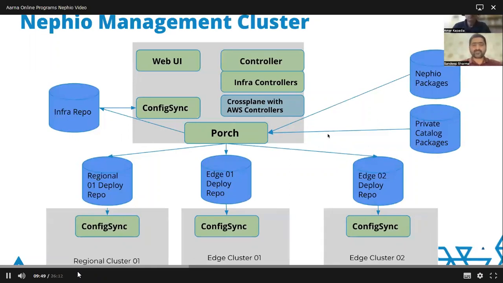So this is a very high-level diagram of the Nephio platform and the three edge clusters. So what we see in the Nephio platform are primarily two kind of clusters. One is the workload cluster, and another is the infrastructure. One is the workload controller, and another is the infrastructure controller.